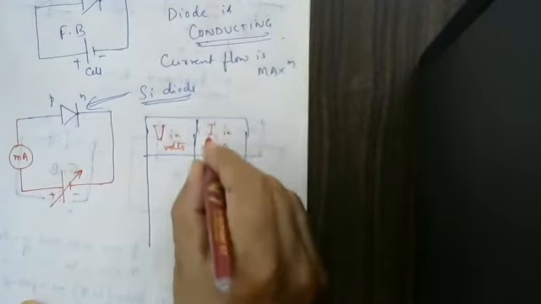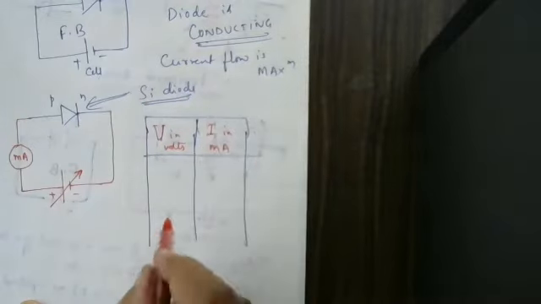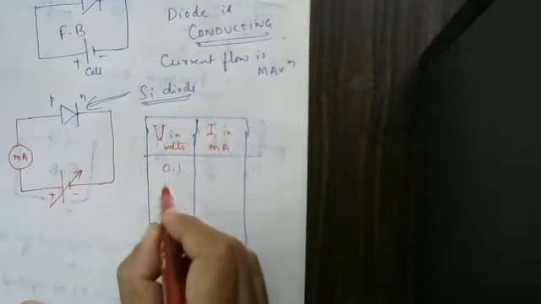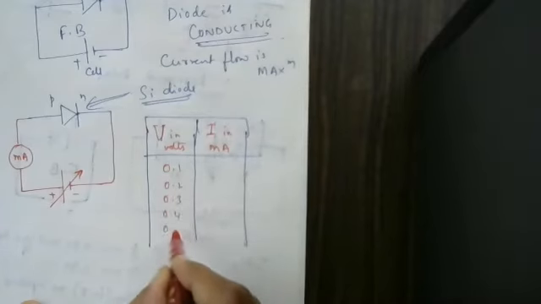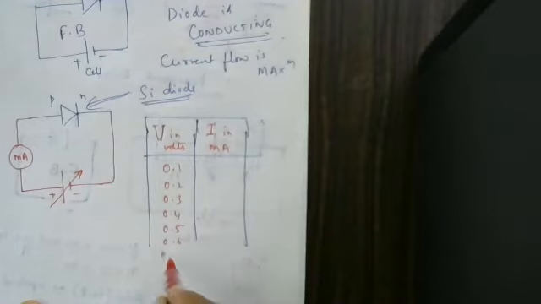I represents current, V represents voltage. We start here with 0.1 volt, 0.2 volt, 0.3, 0.4, 0.5, 0.6, 0.7, 0.8, 0.9, 1. Enough.